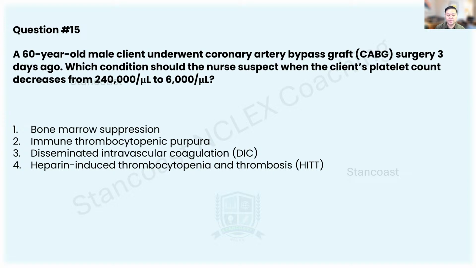Is it 1, bone marrow suppression, 2, immune thrombocytopenic purpura, 3, disseminated intravascular coagulation, and 4, heparin-induced thrombocytopenia and thrombosis?